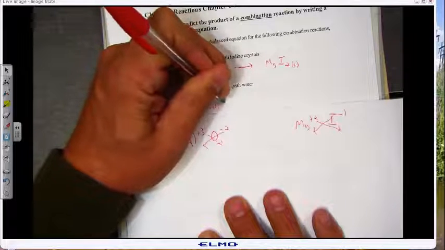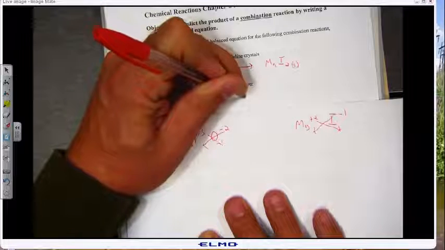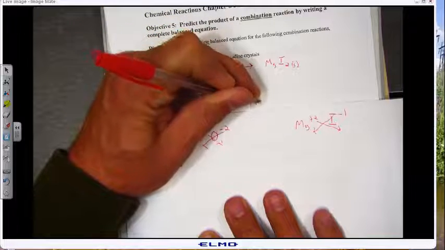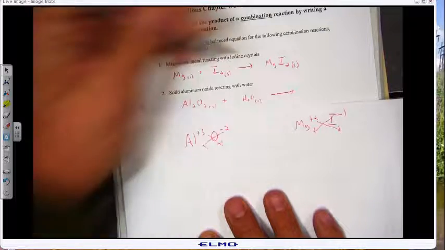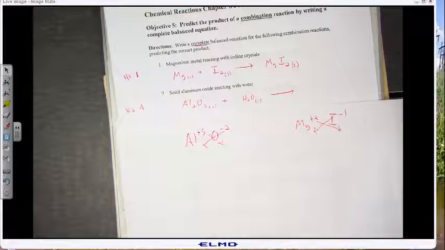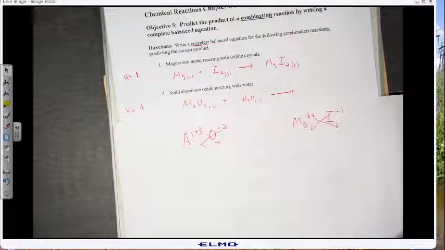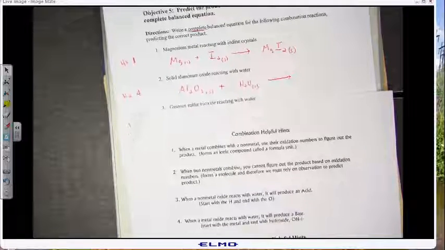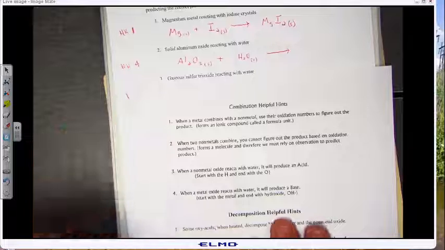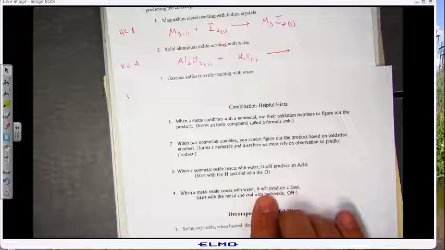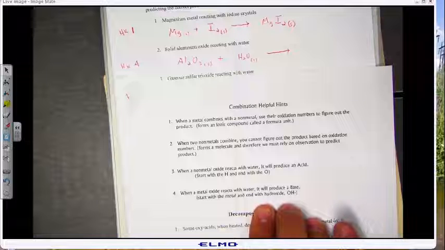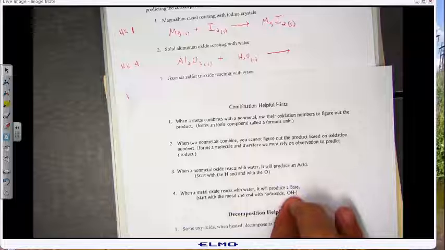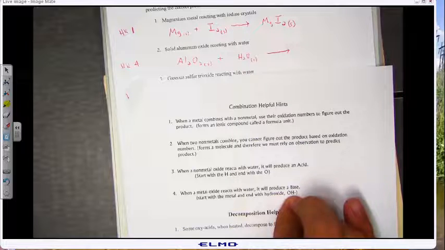Reacts with, so this is another reactant, H2O, which we'll call liquid. Make a yield sign. Go back to helpful hint number 4. Helpful hint number 4 says, when a metal oxide reacts with water, it will produce a base. Even though we haven't been into bases much, we're starting to get familiar with the terminology, and they will end with the hydroxide ion, and it tells us right there, OH minus.